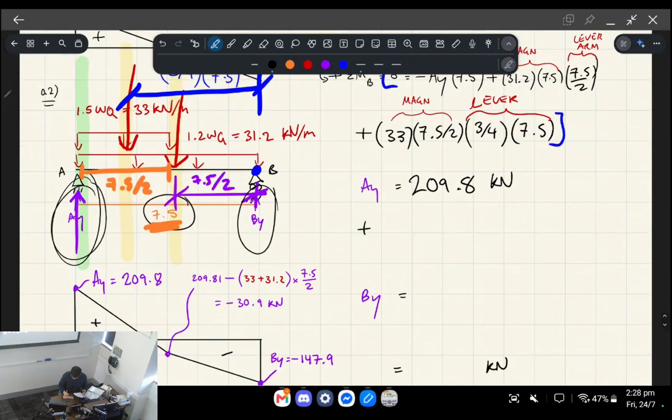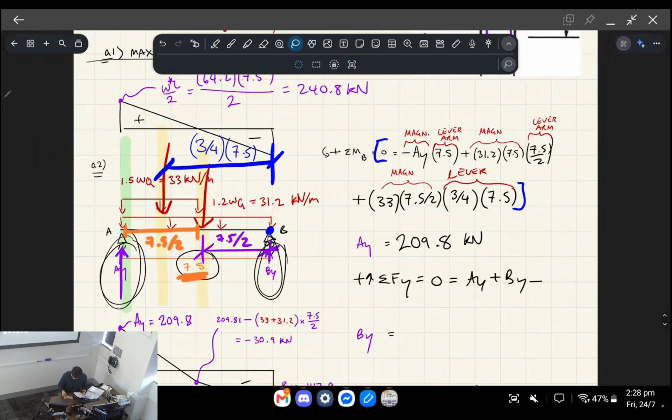Okay, so what we can do is sum of the forces in the vertical direction. And that's going to be AY plus BY, the two forces going up, and the two forces going down are going to be this one. This is going to be the dead load, and this is going to be the live load.